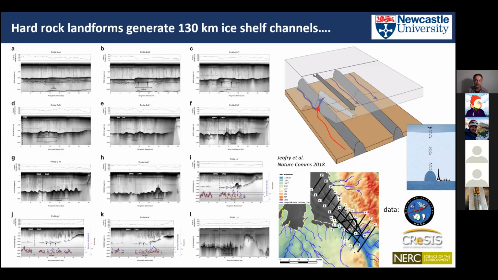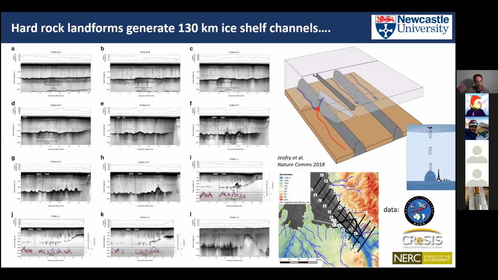I know the FIS survey have a lot more detailed data sets available now, so it'll be interesting to find out from them whether these features that we inferred from a couple of radio echo sounding lines, in particular I to K on that map, which are across ice flow, hold up. These ridges on the bed are quite large, a couple hundred meters high, and they seem to have high reflectivity associated with the sides or the peaks of these features.